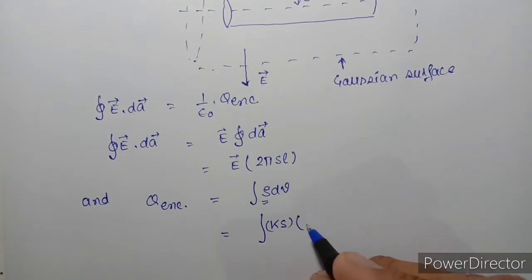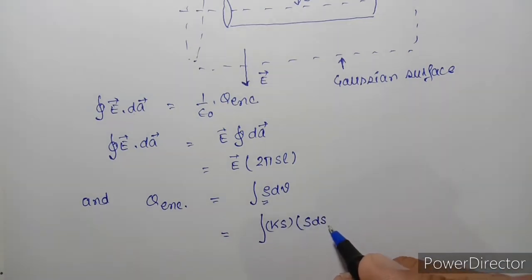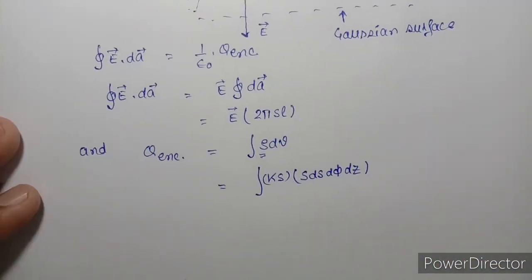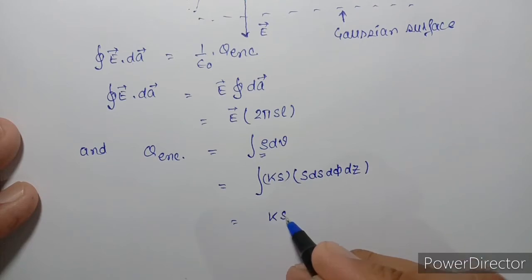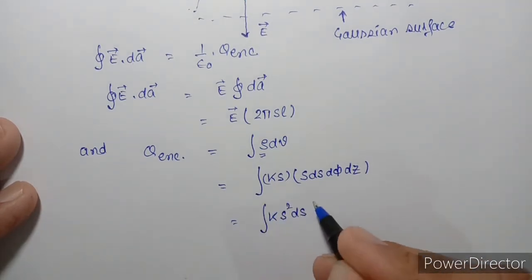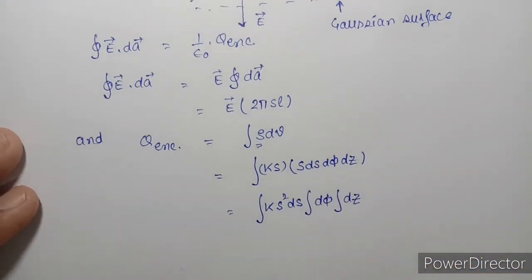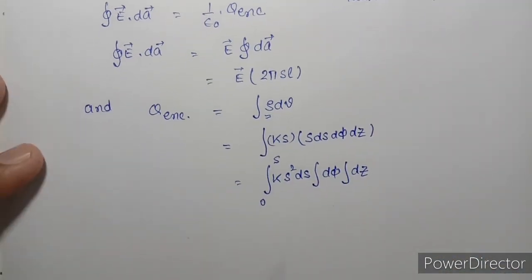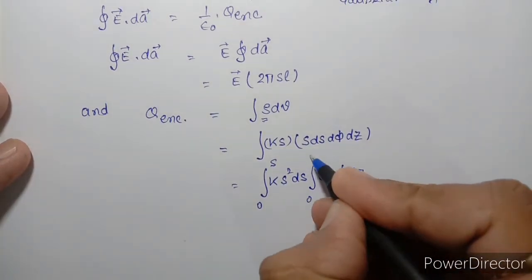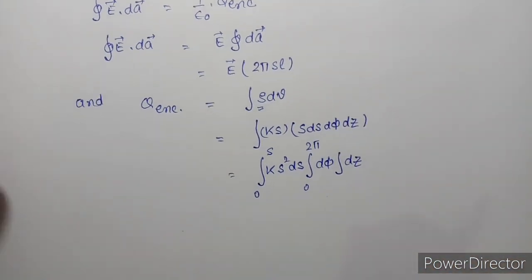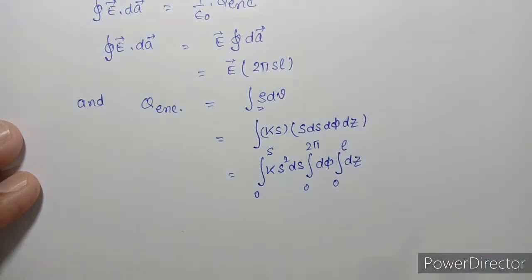According to cylindrical coordinates, dV is s ds d phi dz, so we can write the integrand as ks^2 ds d phi dz. The limits vary from 0 to s for the radial part, from 0 to 2 pi for the angle, and for z, the length of the cylinder, from 0 to L.